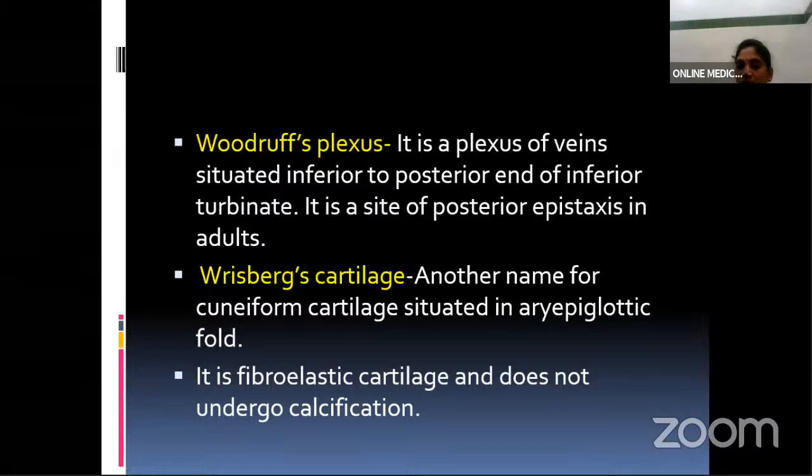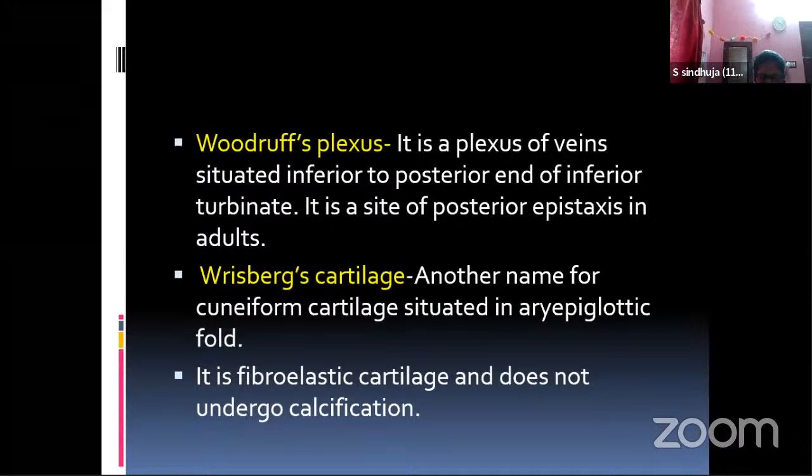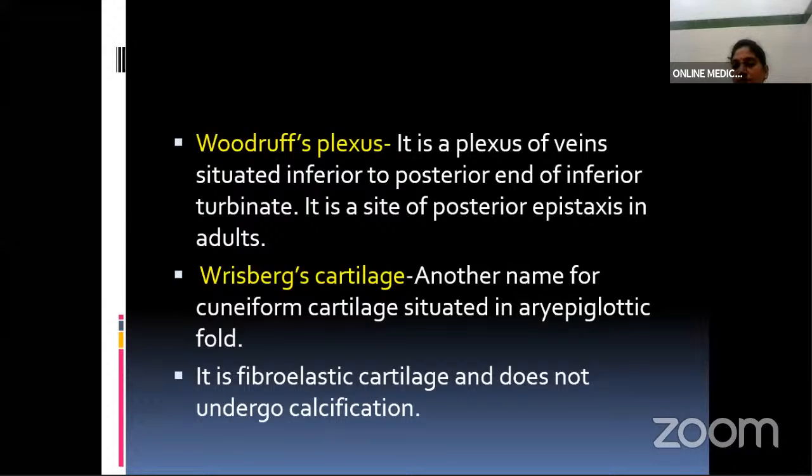She is not hearing something. She is doing something. Yeah, you tell. What are the three small cartilages present in the aryepiglottic fold? Arytenoid, corniculate, cuneiform. Yeah, correct.